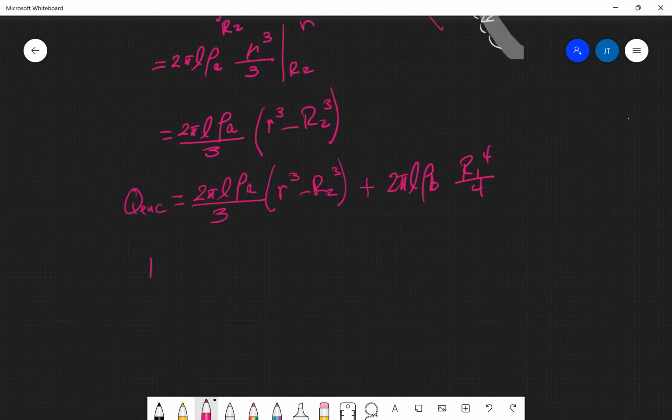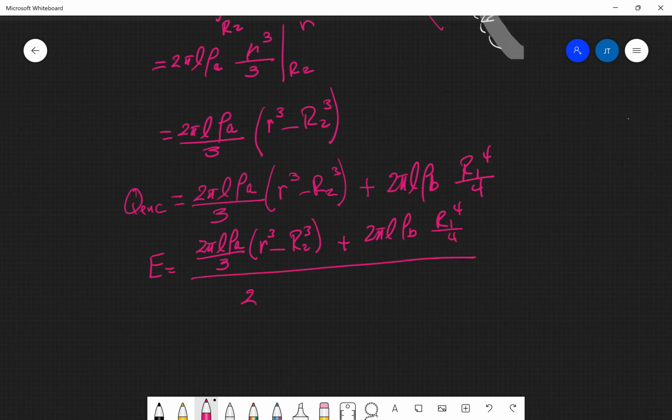So now E in that region is this charge enclosed, 2 pi L rho A over 3 R cubed minus R2 cubed plus 2 pi L rho B R1 to the 4 over 4, over 2 pi L R epsilon naught.